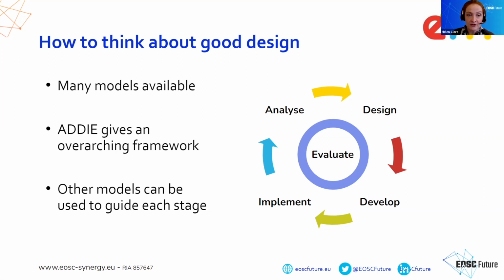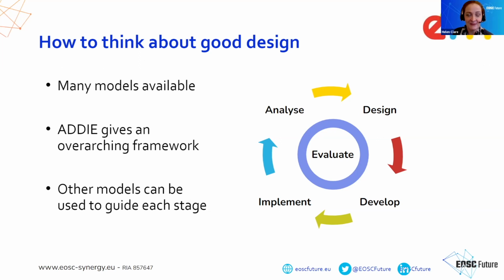Often with this model, you see evaluation as part of the outer circle, but occasionally you will see it with evaluation at the core, which is the model I prefer because I think evaluation happens throughout the whole process. But one of the key points here is not to start at the development stage.